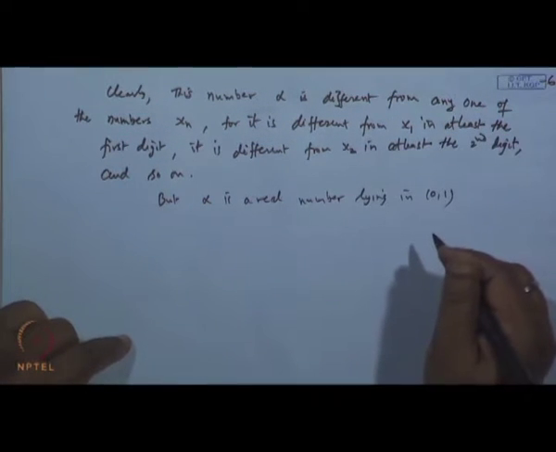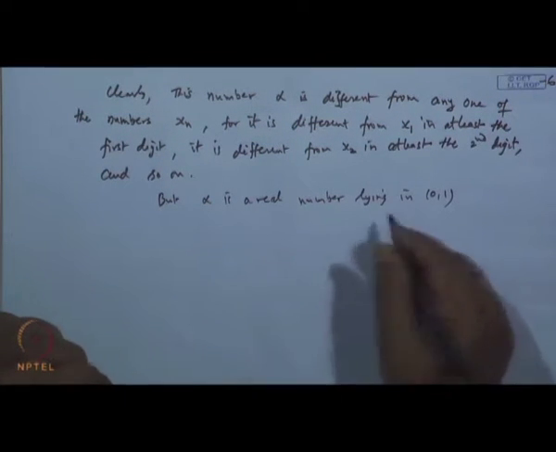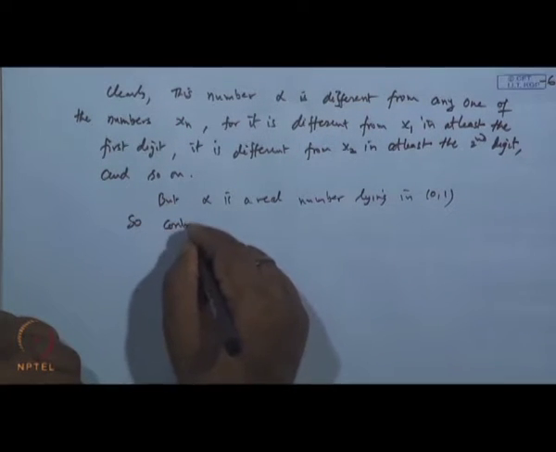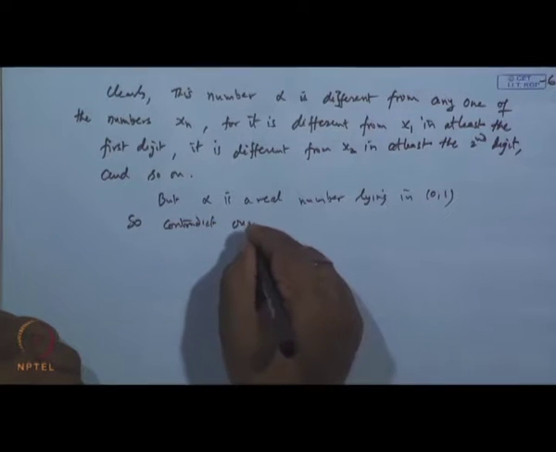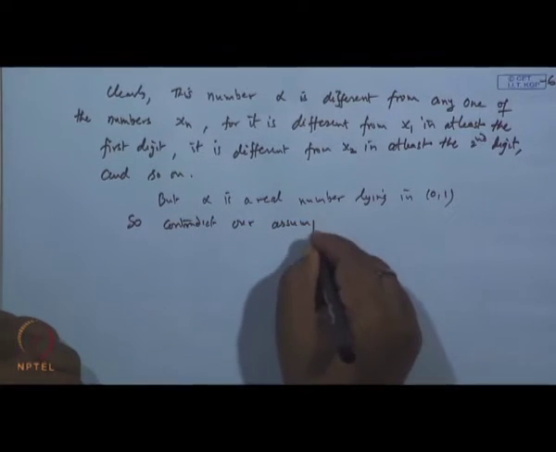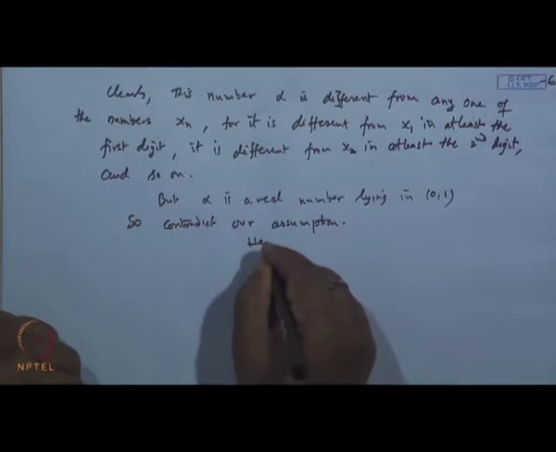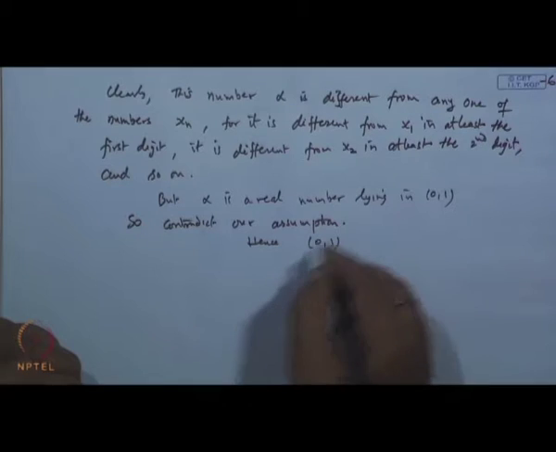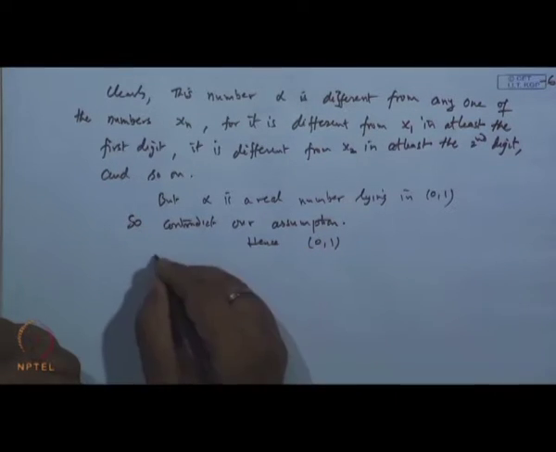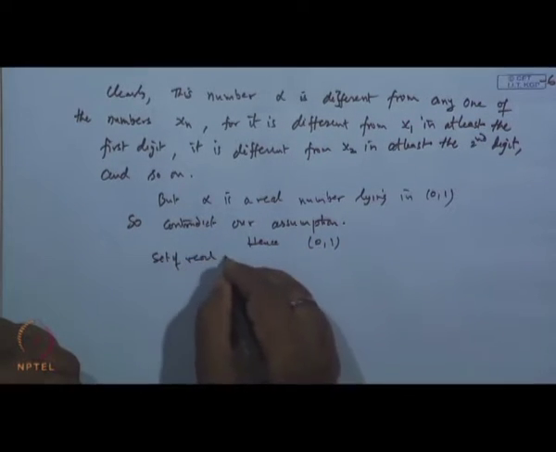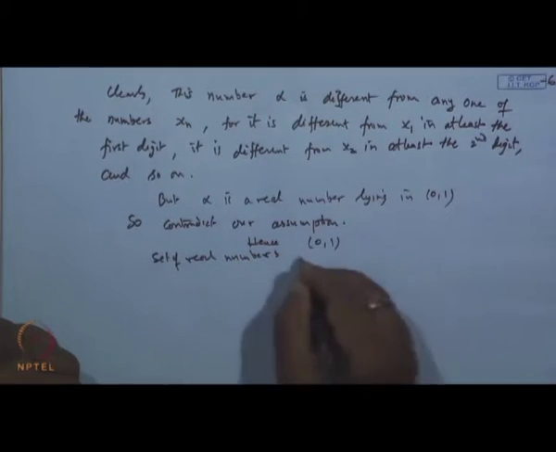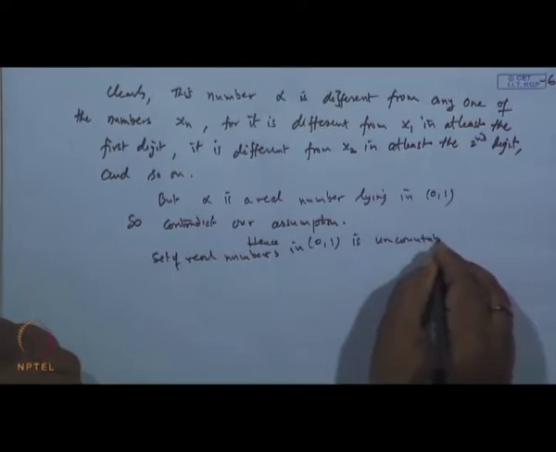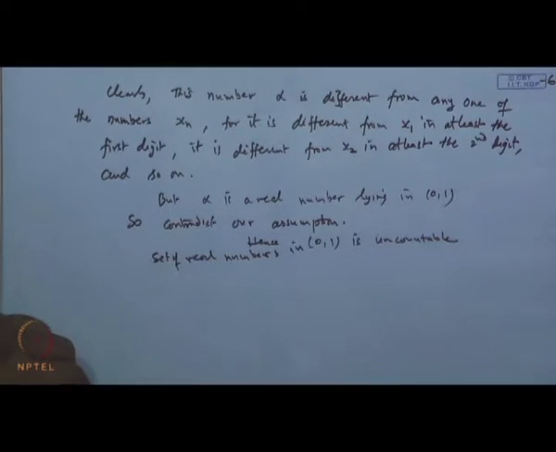So, this contradicts our assumption, hence the set of all real numbers in the interval 0 1 is uncountable, and that is the proof.